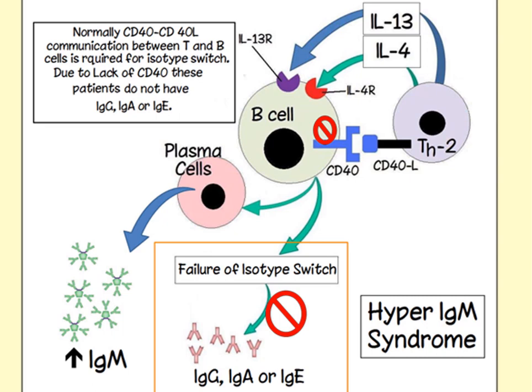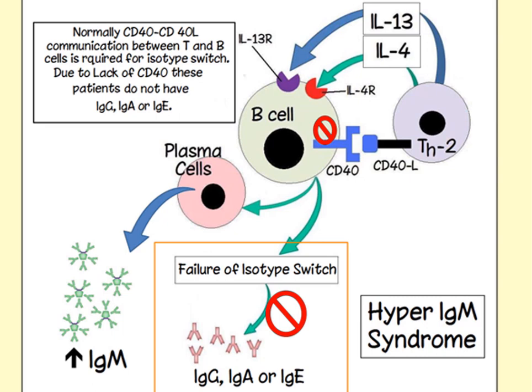Some of them turn into plasma cells, and of course the very first immunoglobulin that they produce is IgM, which is a pentamer, as I've said before, and is membrane bound. This interaction, the interleukin-13 and 4 release, and also the binding of the two ligands CD40 and CD40L, also causes class switch in the B cells, and we're going to get different types of antibodies produced by the B cells.